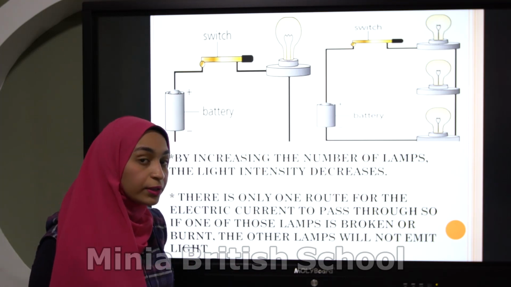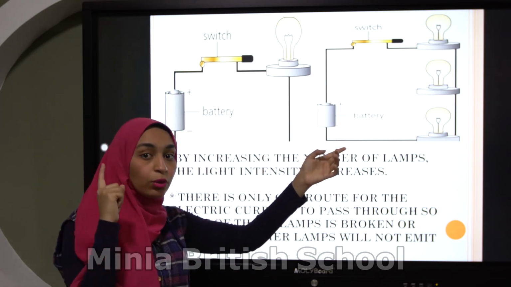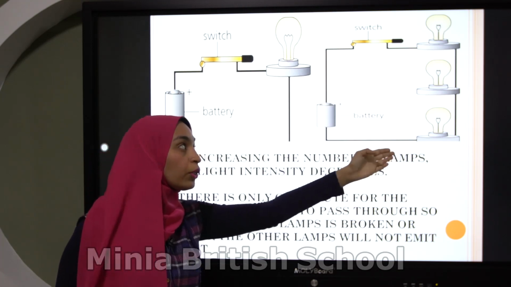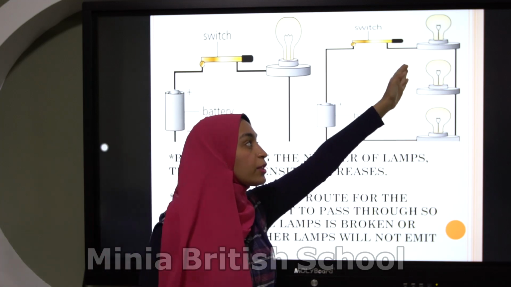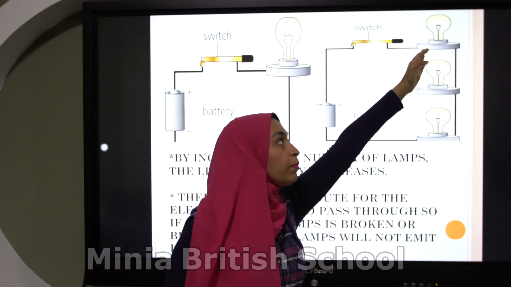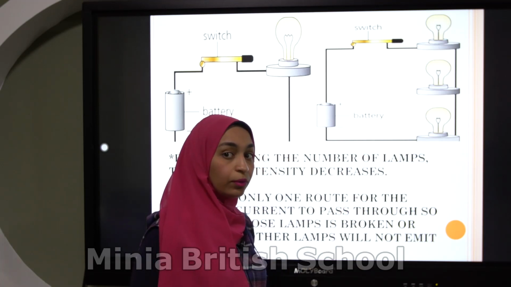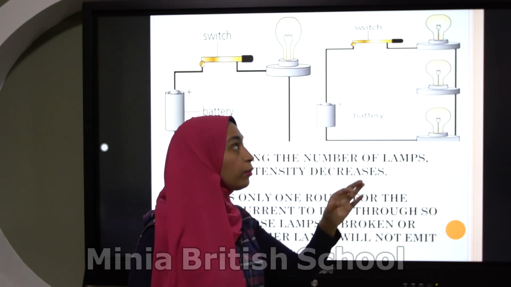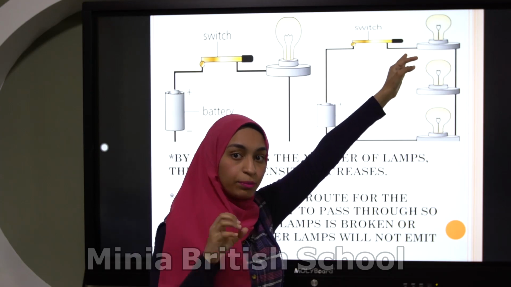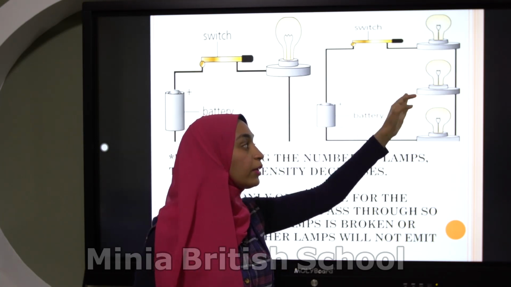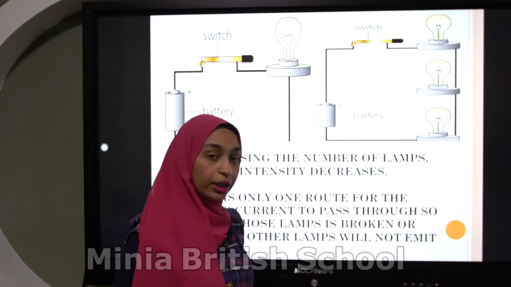Because here we have only one route for the electric current to pass through. As you see in this picture, because this lamp is broken or burned, the other lamp will not emit light.